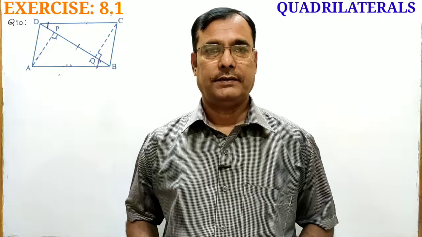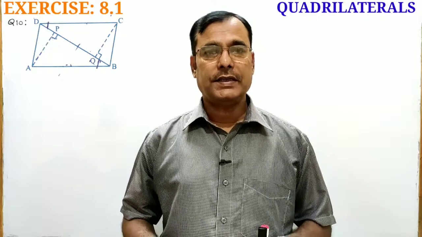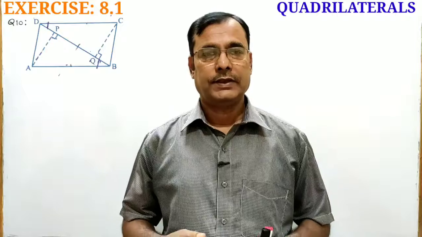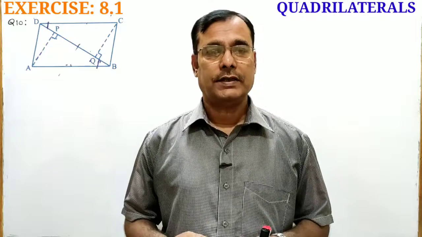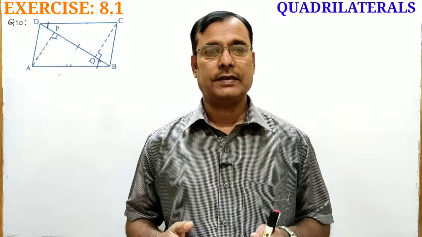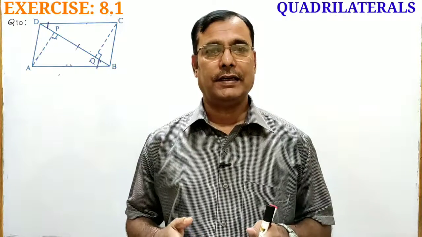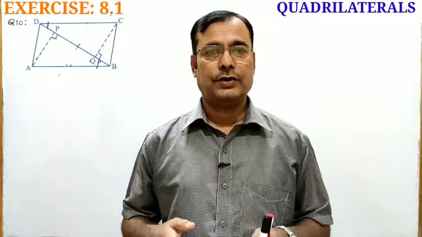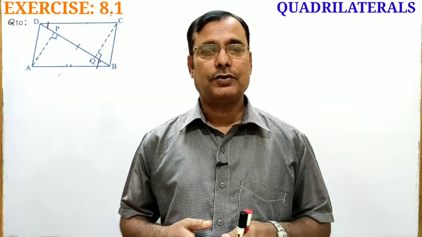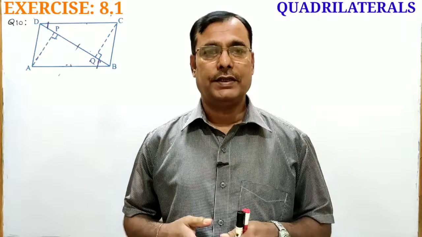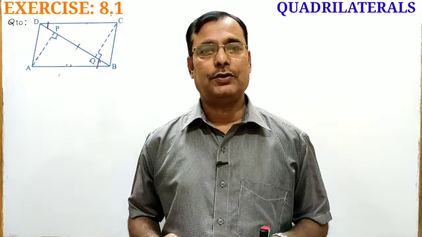Question number 10. ABCD is a parallelogram and AP and CQ are perpendiculars drawn from vertices A and C on diagonal BD, so that triangle APB is congruent to triangle CQD and AP equal to CQ.